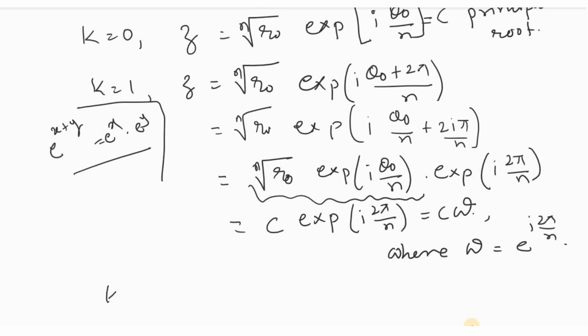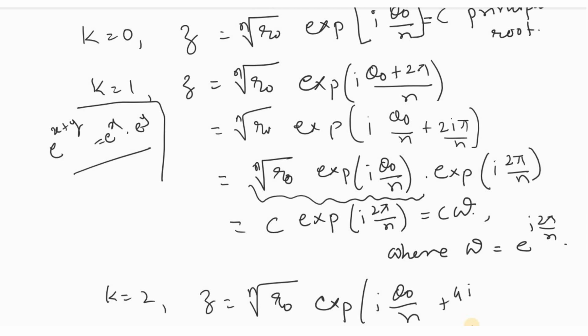In the same way, if k equals 2, you will have z equal to the nth root of r0 times exponential of i(theta 0 by n plus 4 pi by n).